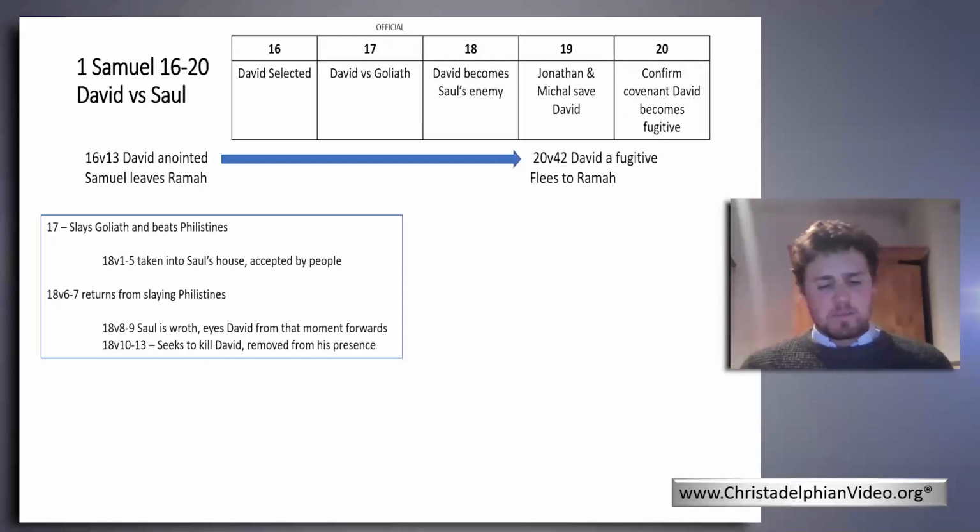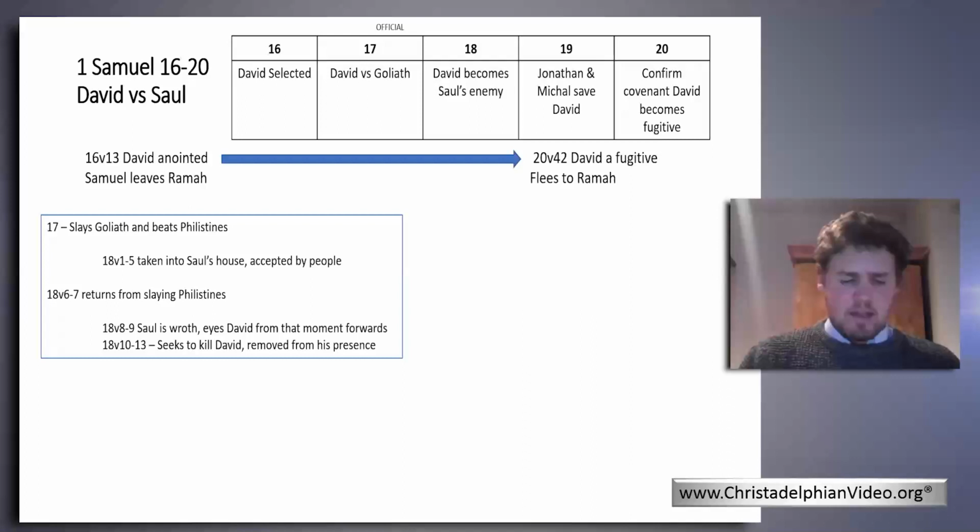The thing that brought David into prominence and gave him favor in Saul's house is also the thing that turns Saul away from him and pushes David away from Saul's house. So it's the same event, which means that David both rises and then falls within Saul's kingdom.